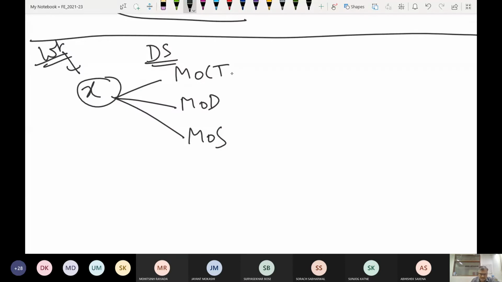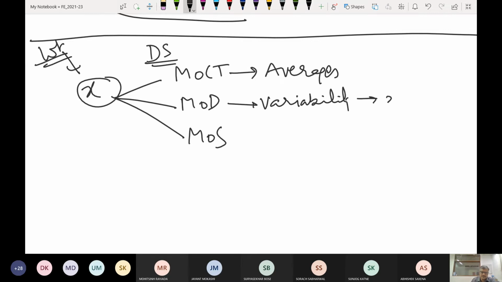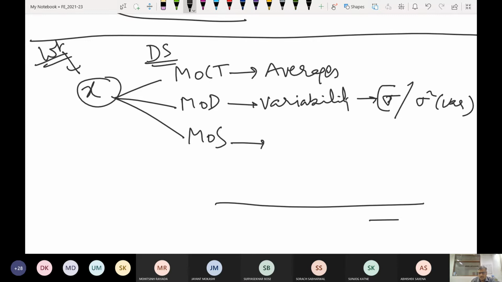Measure of central tendency, we call it averages: arithmetic mean, geometric mean, and all that. Dispersion is variability. We use standard deviation, sigma, or the square of that, which we call variance. And measure of shape: if I draw the values of the variable and how many times they are coming, some shape can come.